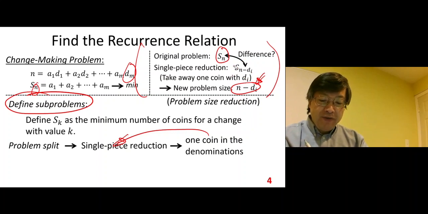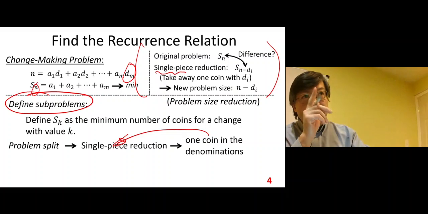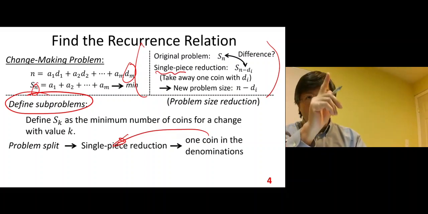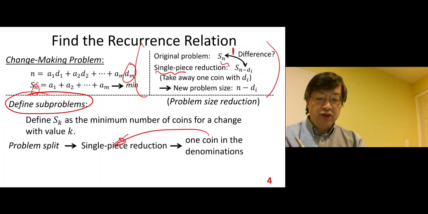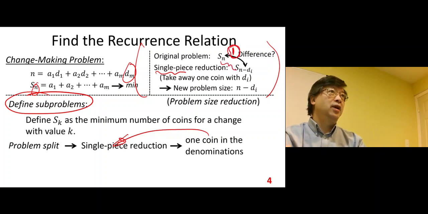But if you look at our single piece reduction, we reduce the coin number by one. Single piece, one coin. That means the coin difference between these two numbers is 1.